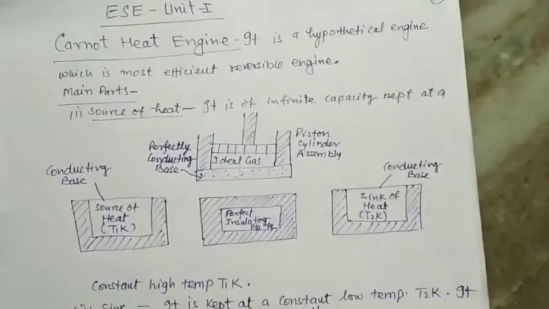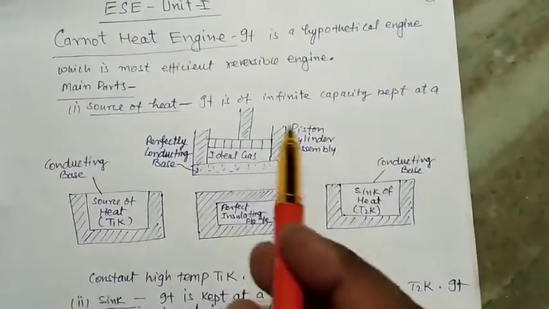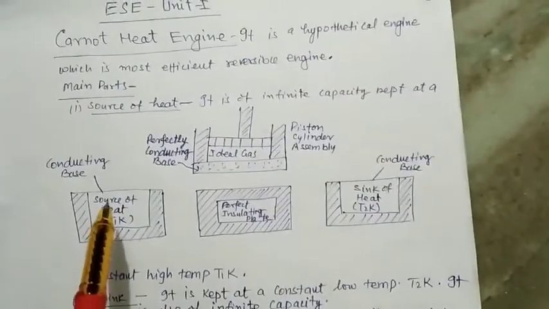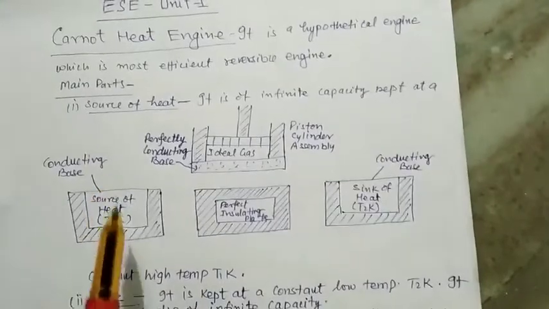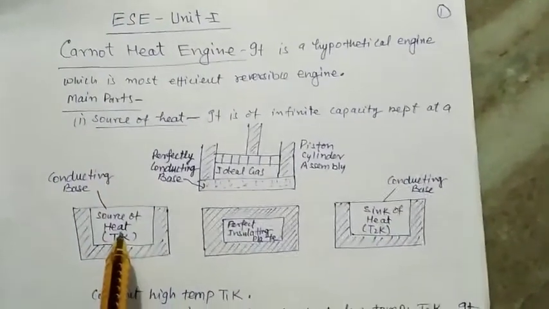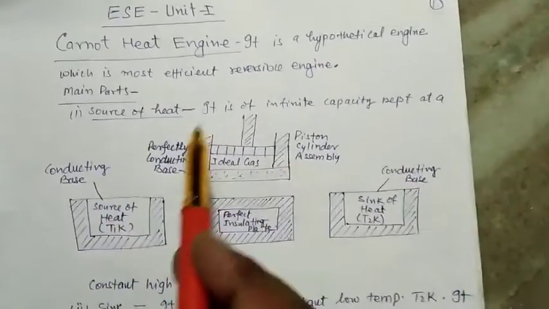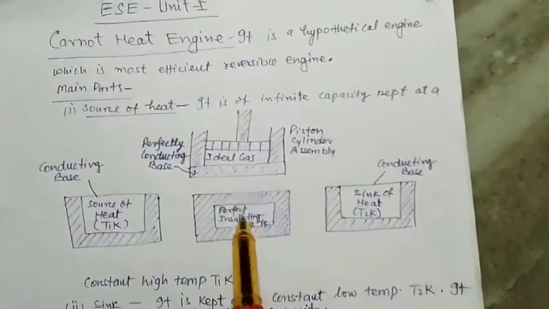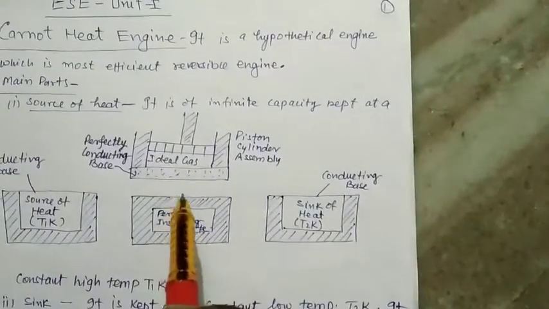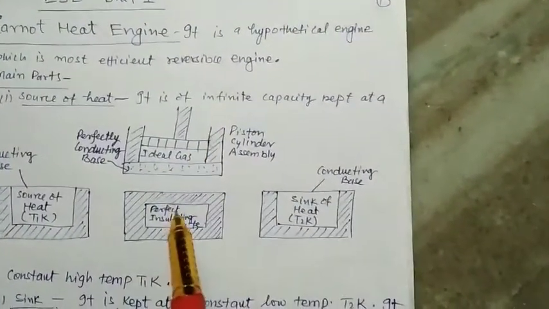The cycle has 4 steps. In the first step, this piston cylinder assembly is kept on the source and pressure is released. The gas expands isothermally at temperature T1. In the second step, this piston cylinder assembly is kept on this wooden platform and the gas expands adiabatically.